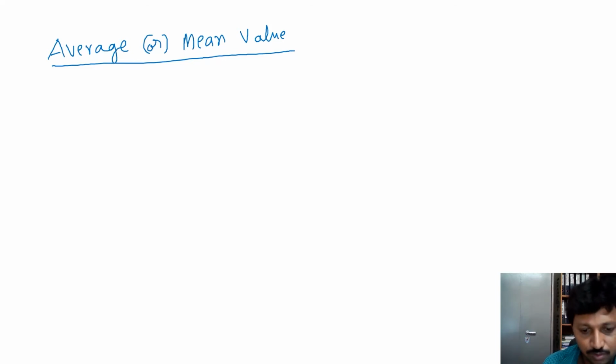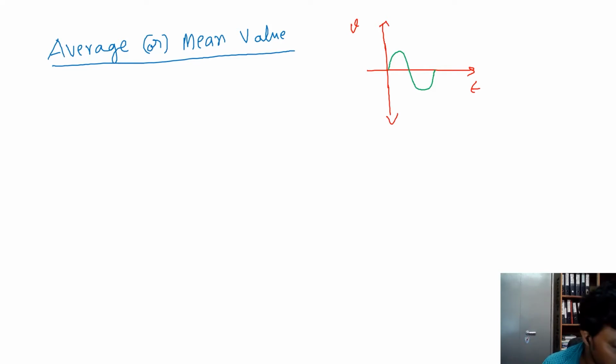For this sine wave, just see that this is your sine wave, this is t and this is v. So this is the sinusoidal signal. I have to find the average or mean of this sinusoidal. So what is the equation to find it? This is V average. I have to find V average.